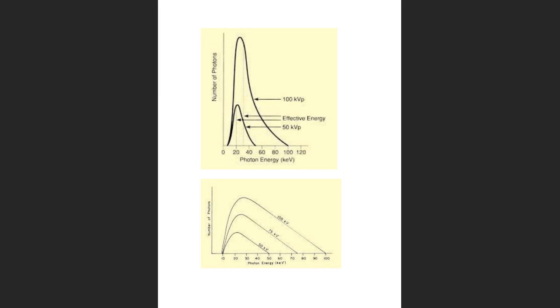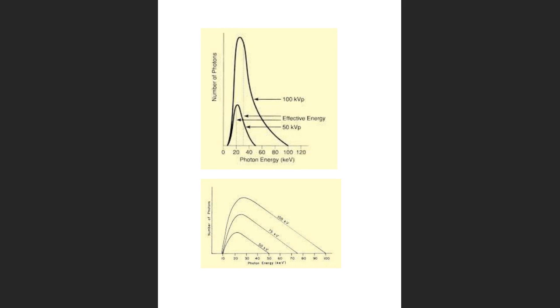And then you have this area where we say here's the average energy of the beam itself. So the most number of photons are going to be in this energy range, right? And then here we actually have 100 kVp.